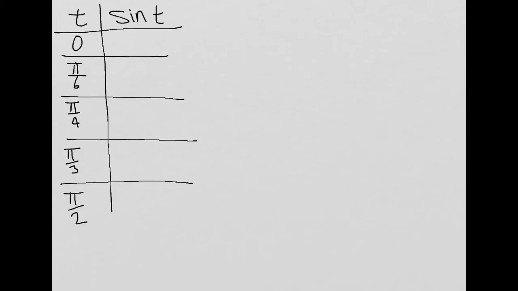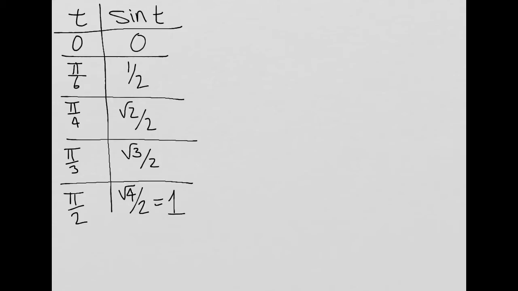And we know that for these common lengths, the sine was pretty easy to calculate. We've got 0, 1/2, root 2 over 2, root 3 over 2, and 2 over 2, which we showed previously is just equal to 1.